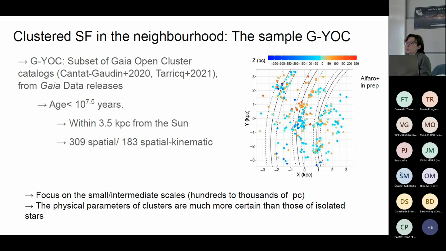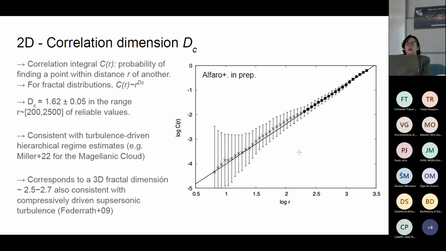So what we are going to do is to try to obtain the hierarchy of these clusters and use them to sample the small to intermediate scales between hundreds to a few thousands of parsecs. Now, the first indicator of these kinds of phenomena, and the roughest one, would be a fractal dimension.